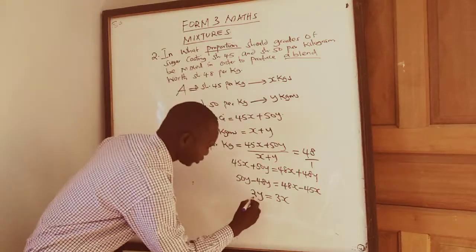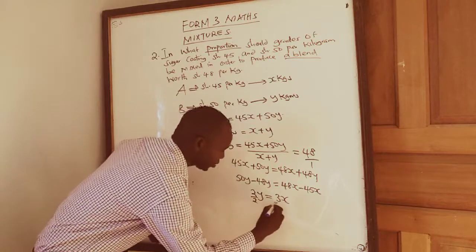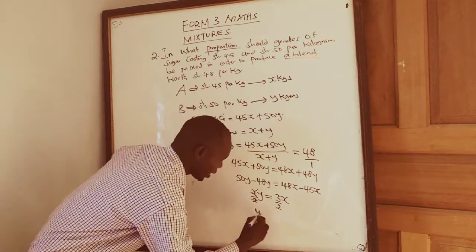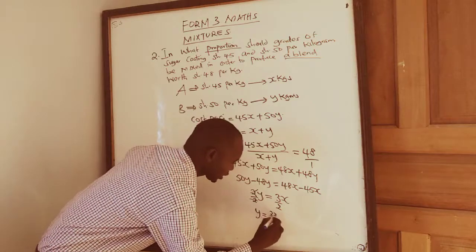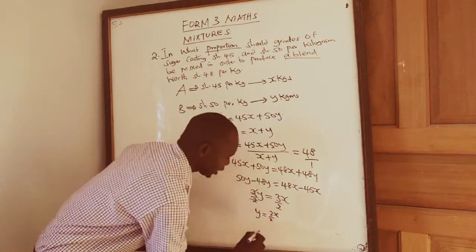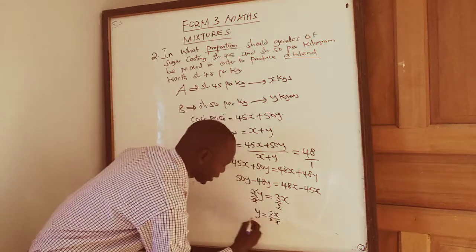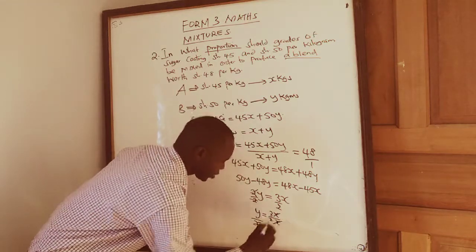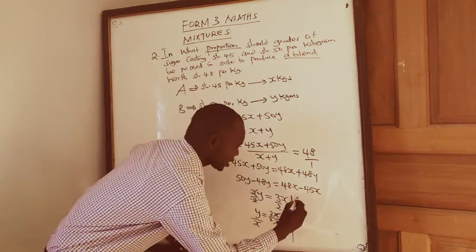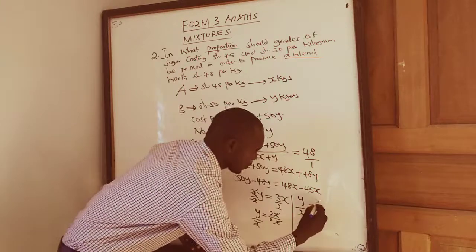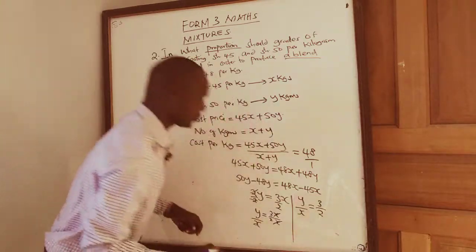We can divide by 2 such that this and this go. Our y is going to be equal to 3x over 2. If we want to move x again, we divide by x such that this and this go. And in this case, y over x gives us 3 over 2.